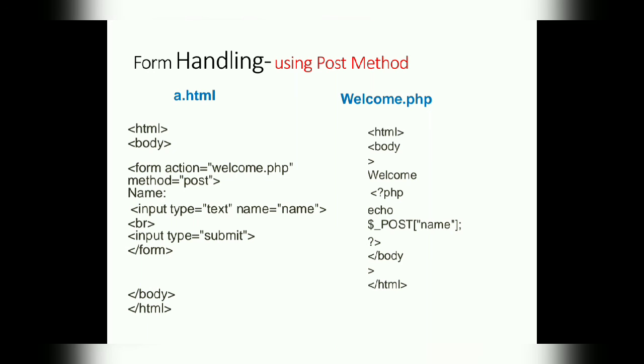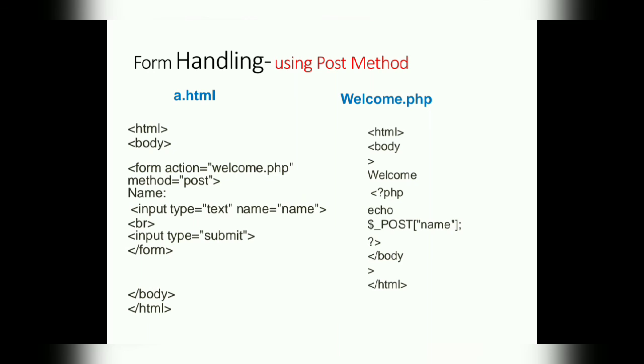In that the method is used to post. Now the input type, I want to include the name variable. So the input type is text, name value will be name. Taken the break and I want to submit the form. Okay, simple form I have created to input the name and submit it to the server side.